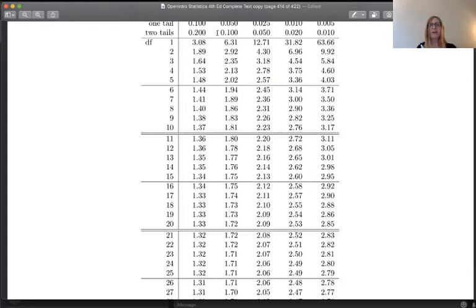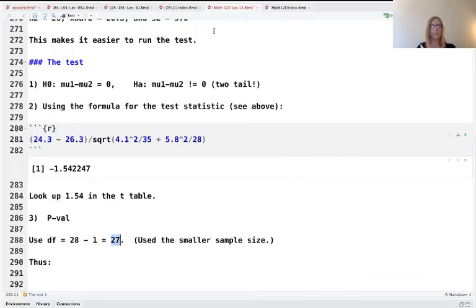So my p-value up here has to be between 0.1 and 0.2. Remember, this is a two-tail test because of not equals to. So I'm looking at the two-tail p-value. Thus, our p-value is between 0.1 and 0.2.